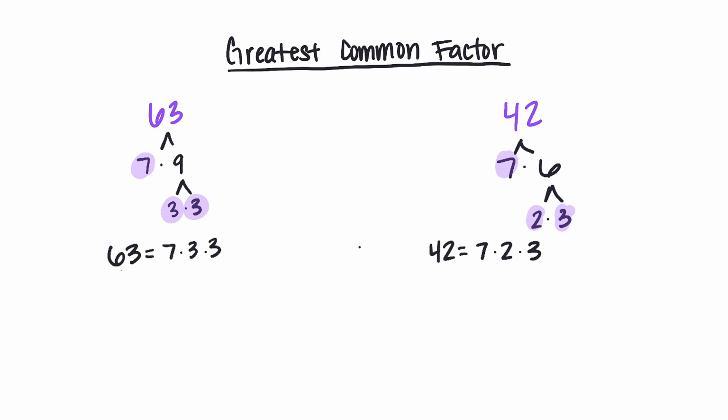What do they share? Well, I can see they share a 7. I can see they share a 3. And they don't share anything else. That 2 and 3, that doesn't matter to us. So we're going to multiply 7 times 3. Our greatest common factor between 63 and 42 is 21.